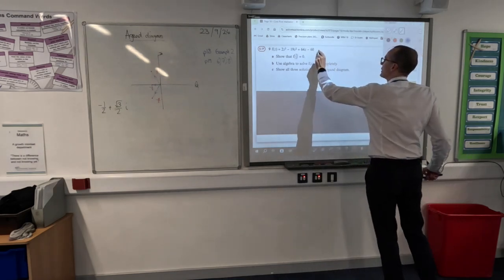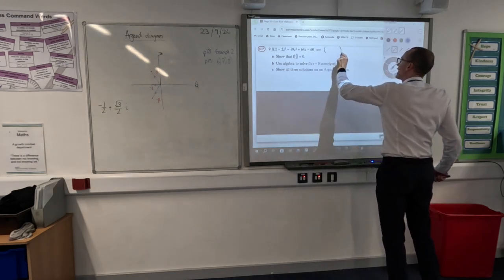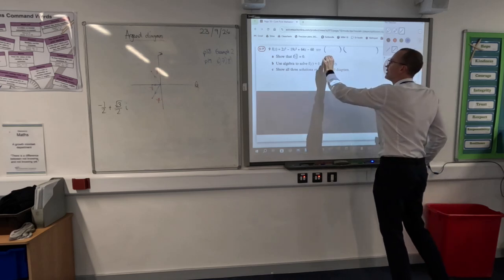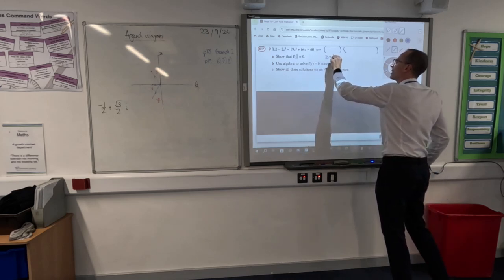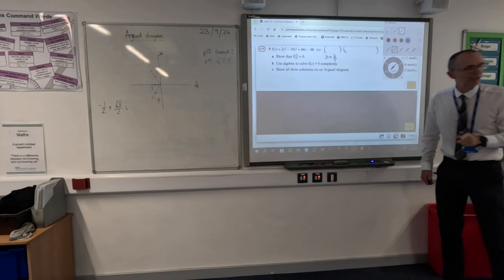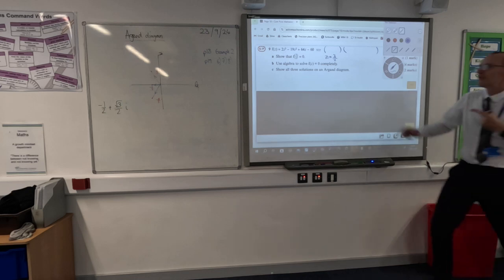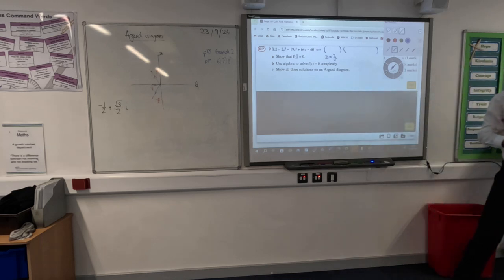So in the previous question we just did, we were given a factor, but now we're told that z equals 1.5 is a solution. Now, could anyone suggest what a sensible factor would be to use, therefore? What would be the factor that could give me this as a solution?